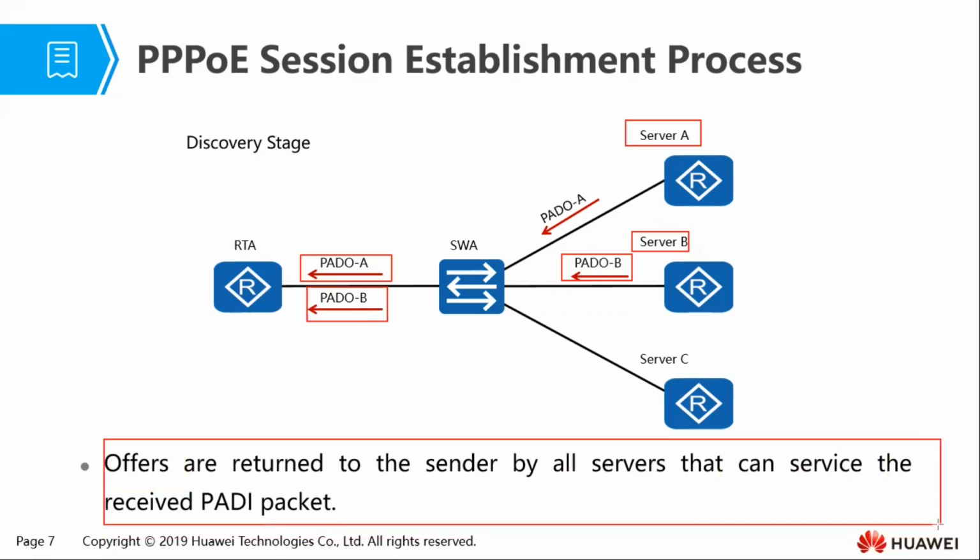Why? Because offers are returned to the sender by all servers that can service the received PADI packet. Again, at this particular point, the session field has not been set, and therefore it's all zeros. The code field that identifies an offer packet is actually 0x07. So that's the code field that identifies an offer packet.